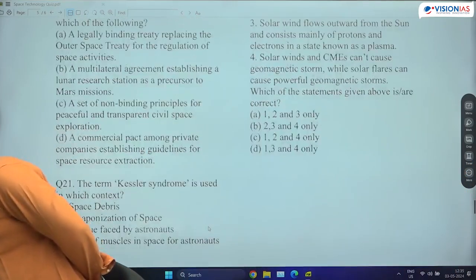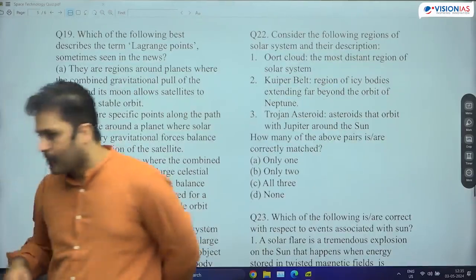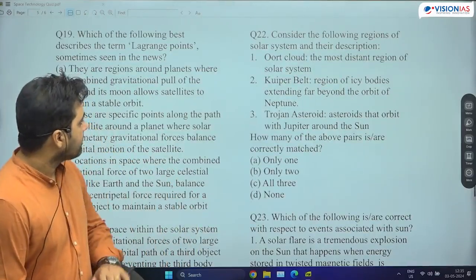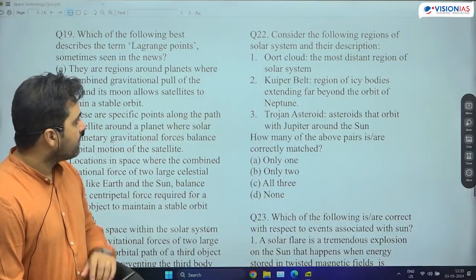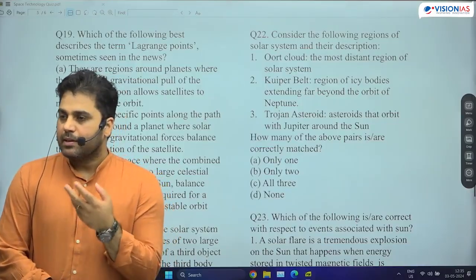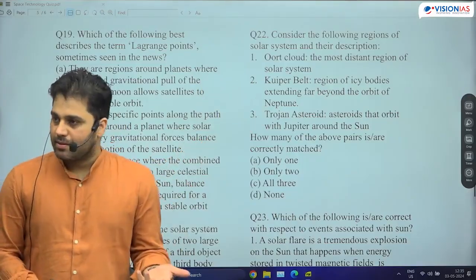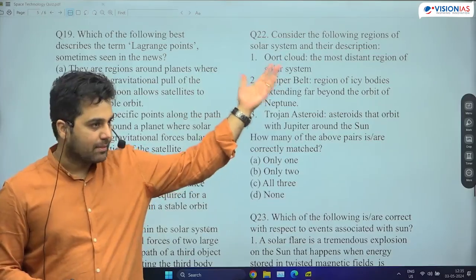21 is easy. Space debris. 22. Oort cloud, the most distant region of the solar system, that is true. The most accepted theory is that these are the origins of comets. So comets we see sometimes, once in 100 years.